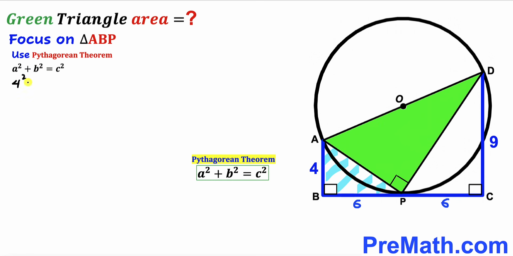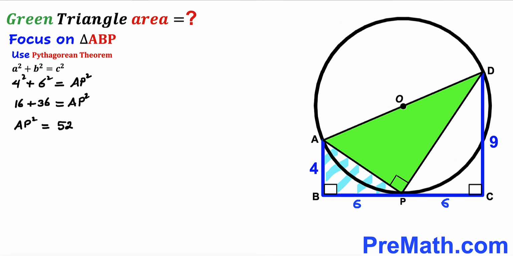So we got 4 squared plus 6 squared equals segment AP squared. And now I'm going to undo this square by taking the square root on both sides. So our AP segment length simply turns out to be the square root of 52. So this hypotenuse length simply turns out to be the square root of 52.